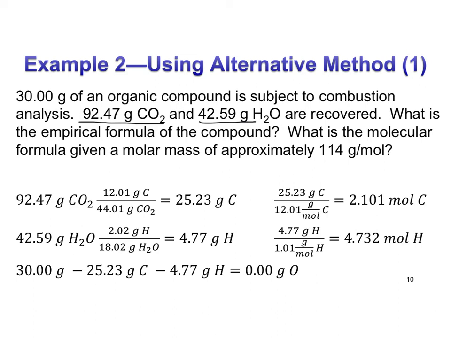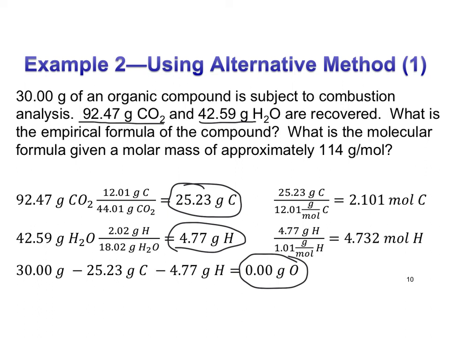Multiplying 92.47 grams carbon dioxide by its mass ratio gives 25.23 grams carbon. Multiplying 42.59 grams water by its mass ratio gives 4.77 grams hydrogen. 30 minus 25.23 minus 4.77 gives 0.00 grams oxygen.